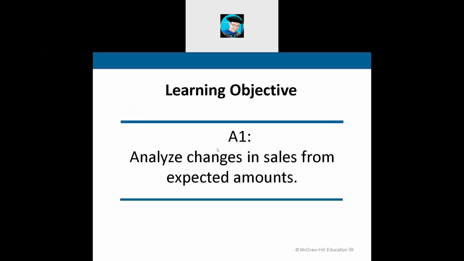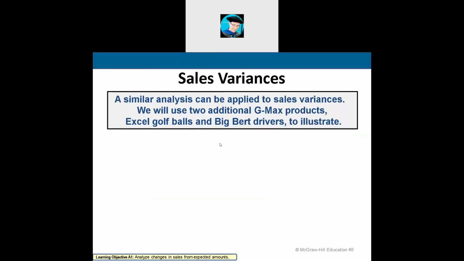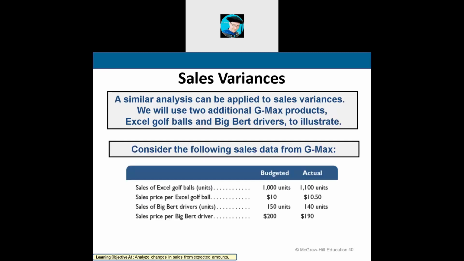Sometimes there'll be a change in sales, the sales amount. We expect to sell certain amounts sometimes, right? And then it comes in as something else. I expected to sell 1,000 golf balls. I actually sold 1,100. Well, that's good, right? Because I sold more than I expected to sell. The sales price was even higher than what I expected it to be.